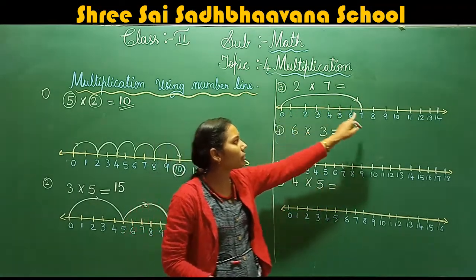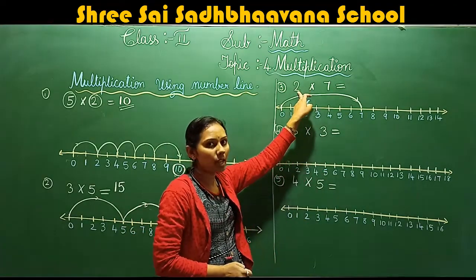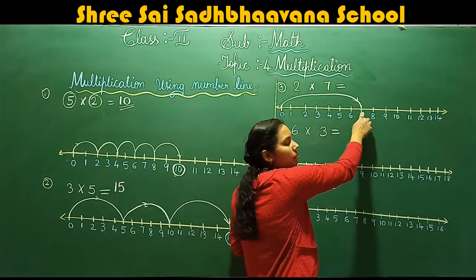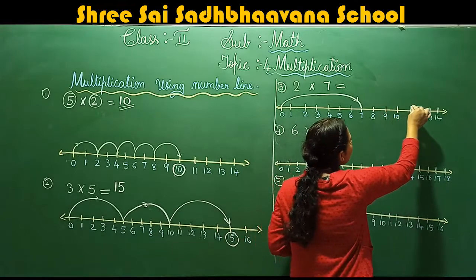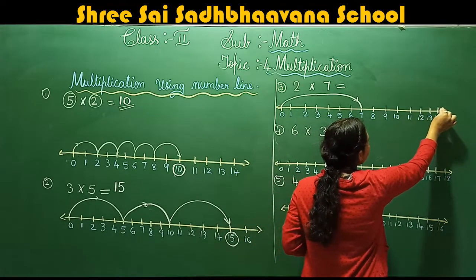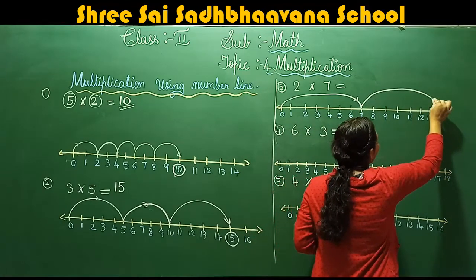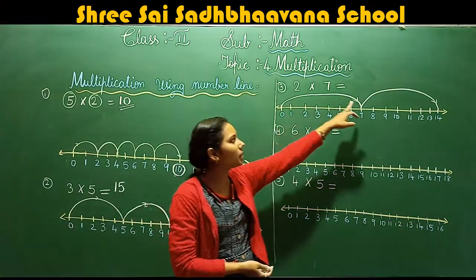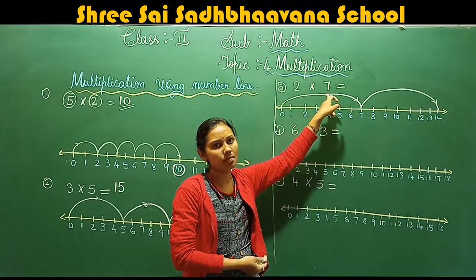From 0 we have jumped till 7 now. One time. So they are saying 2 times. So let us start from 7 again. 1, 2, 3, 4, 5, 6, 7. We have jumped 2 times 7 numbers.